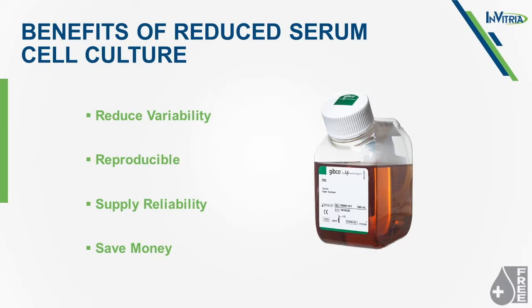And finally, including supplements aimed at reducing the final serum inclusion level will save your lab some money in the long run. To demonstrate this, with serum prices increasing on a consistent basis, the FBS cost in a typical liter of cell culture media with 10% inclusion is approximately between $80 and $117 per liter, depending on the source, grade, and vendor you're using.